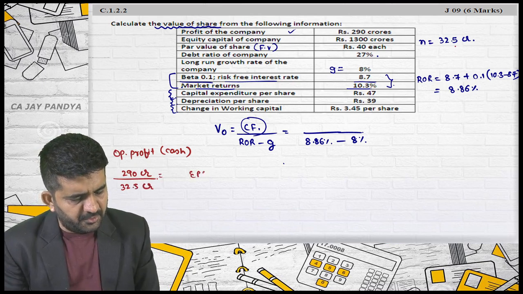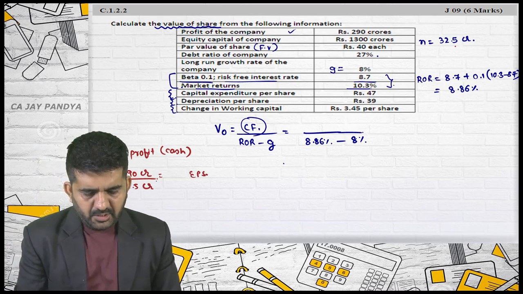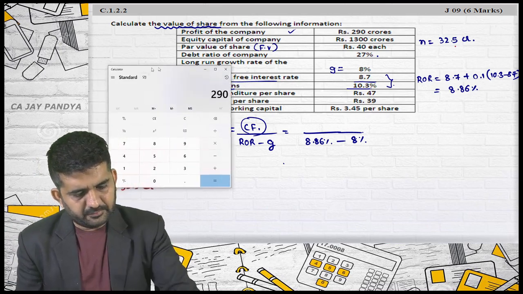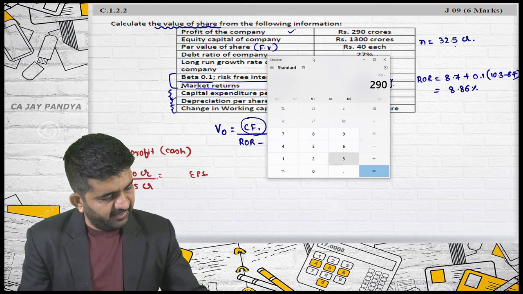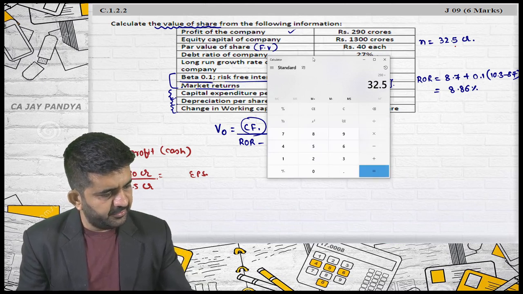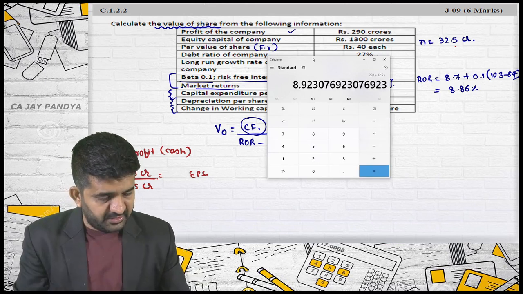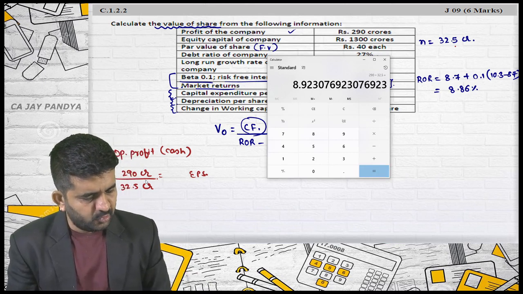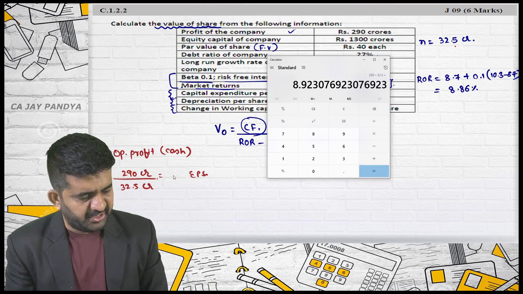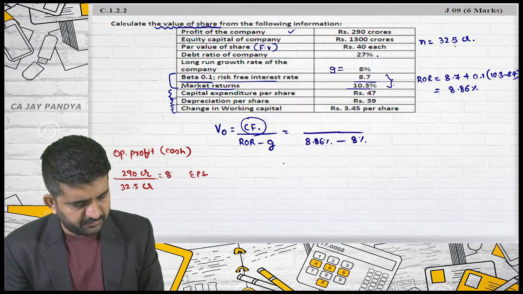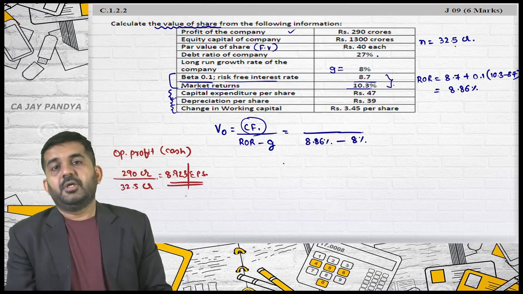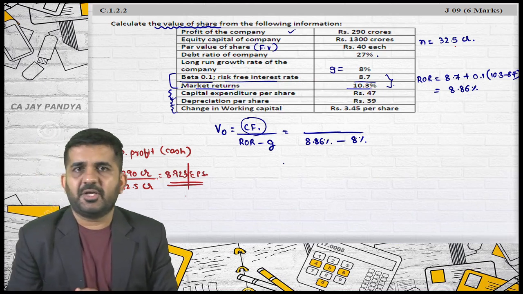This will be earning per share. It is 290 divided by 32.5. It is 8.92 crore. Crore is getting cancelled, so it is just 8.923 per share. It is EPS. Is it alright?